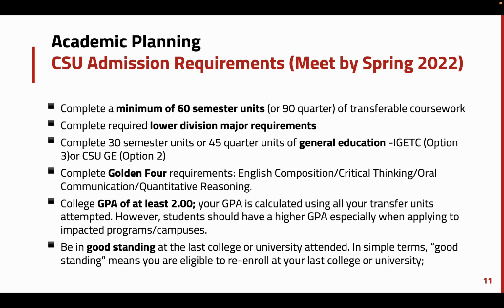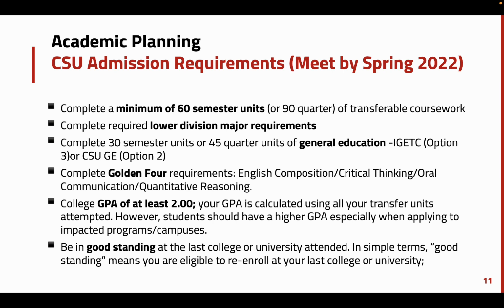You have to have a college transferable GPA of at least 2.0, and your GPA is calculated using all of your transferable units attempted. However, students should definitely have a higher GPA, especially when applying to impacted programs and campuses. Some schools may have higher than a 2.0 minimum for individual majors or for the campus overall, so that varies by campus and by major.